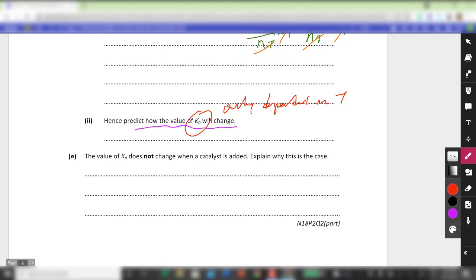The alternative pathway has a lower activation energy, and because of the lower activation barrier, equilibrium can be established at a faster rate. So the presence of the catalyst does increase the rate of both the forward and backward reaction. I think that is also something that you need to be aware of.